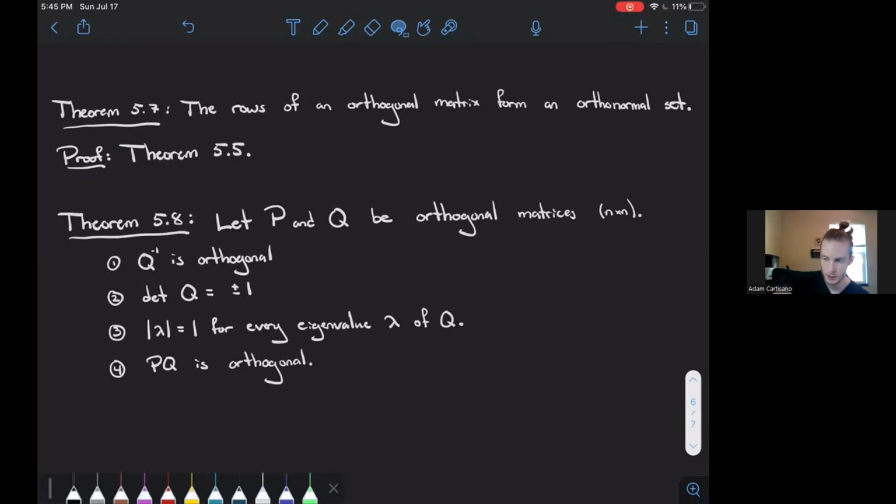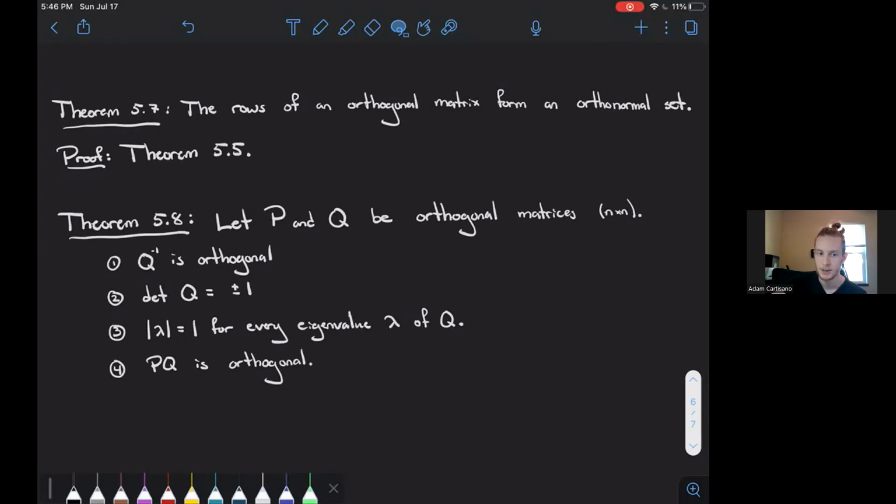Some more properties of orthogonal matrices. The inverse is orthogonal. We haven't said it yet, but come on, you know, right? When you know, you know. Also, the determinant of an orthogonal matrix is plus or minus 1. This is an interesting property, but it'll either be 1 or negative 1.